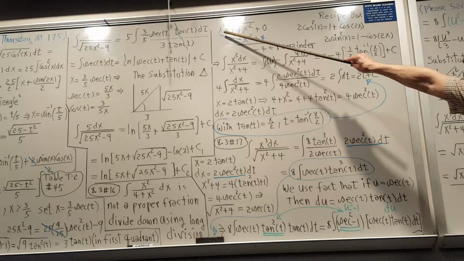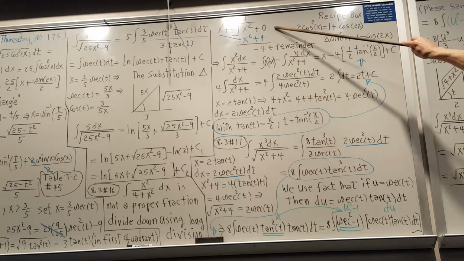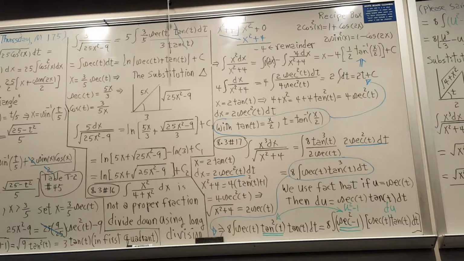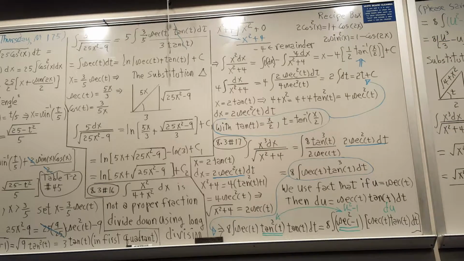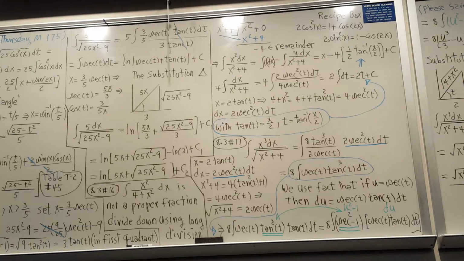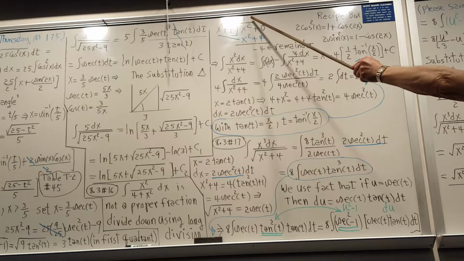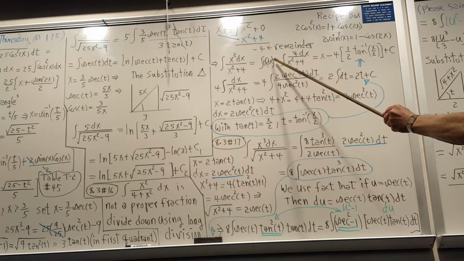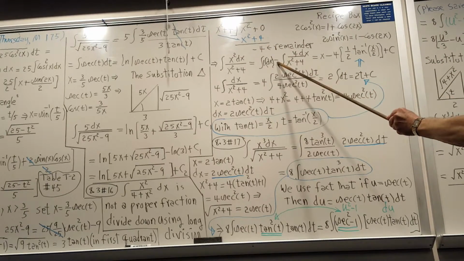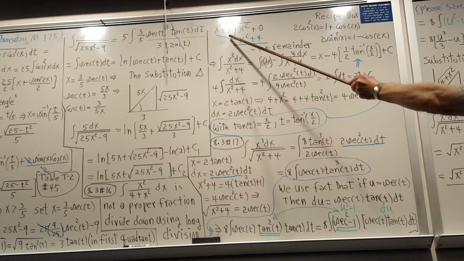You can just as well say you're dividing into x squared plus all the zeros you might want to write. And so finally, when you subtract, your remainder will be the minus 4. So that means that your original fraction becomes your quotient, the 1 dx, and then the minus 4 dx over this.